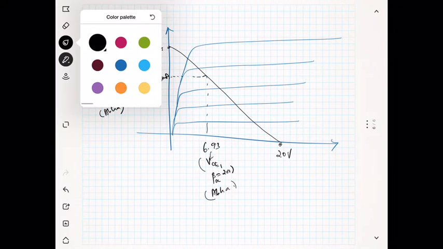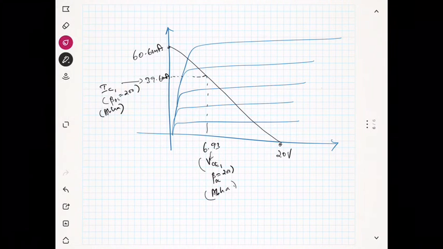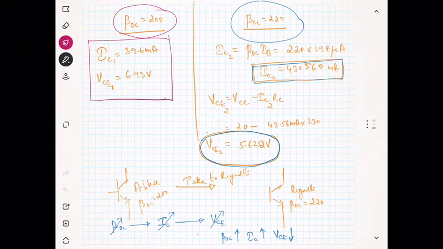But now when I take the transistor to Riyadh, what happens? The beta has increased. That means beta DC changed from 200 to, for example, 220. Whenever beta DC changes, you can see the voltage becomes 5.6252.